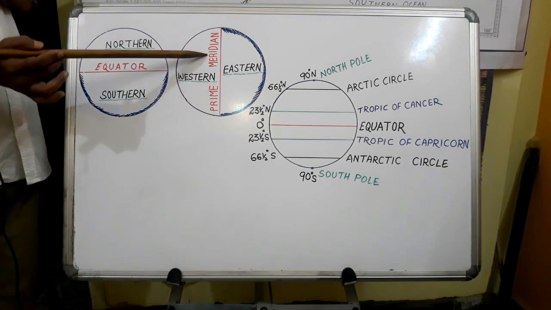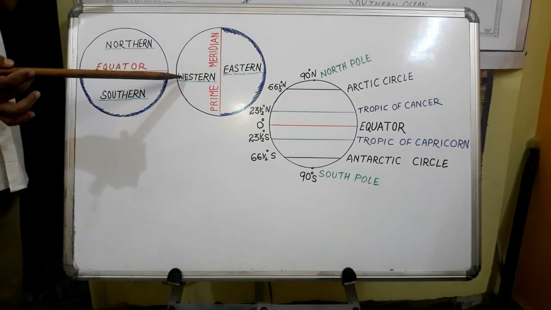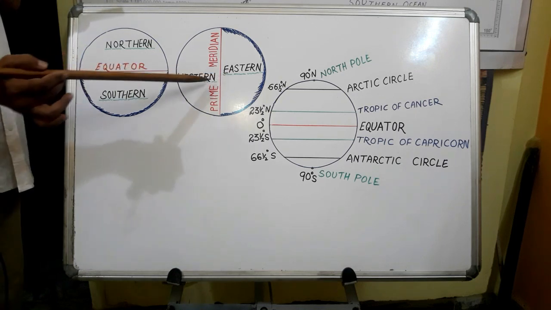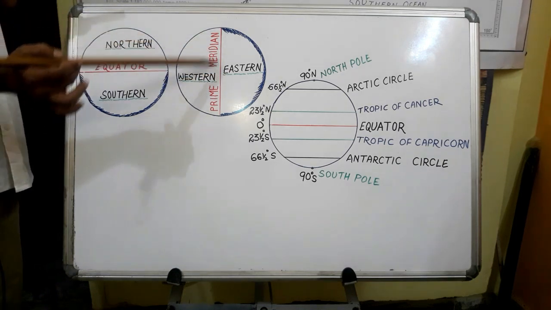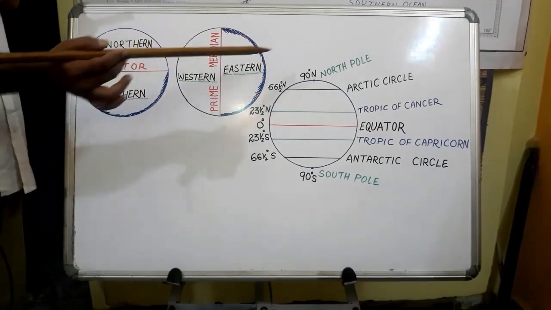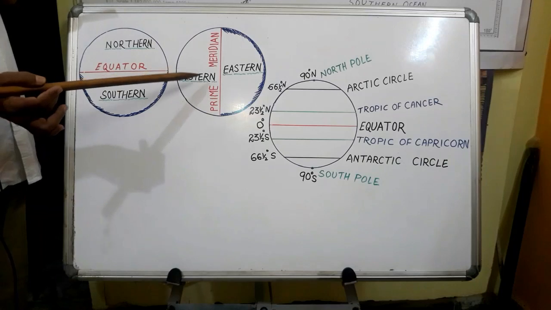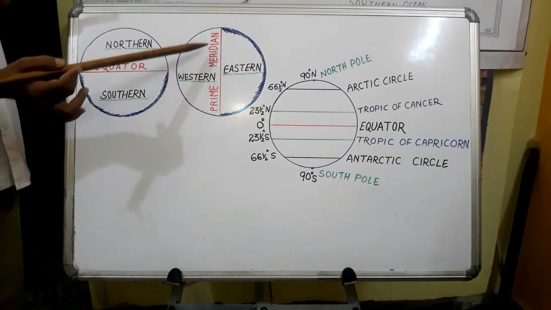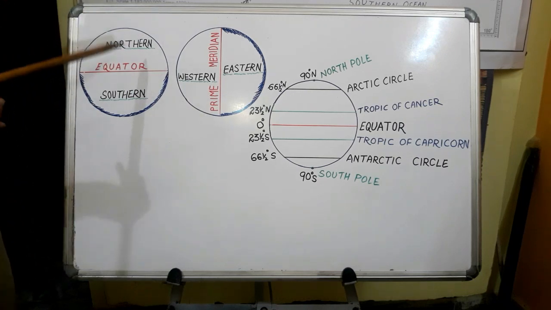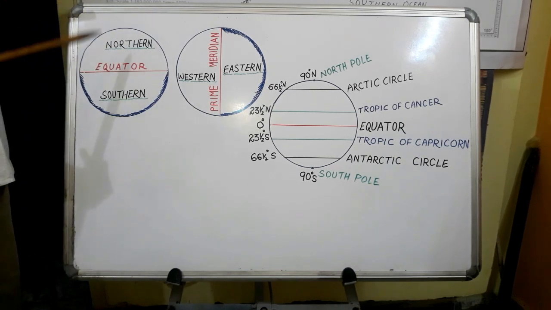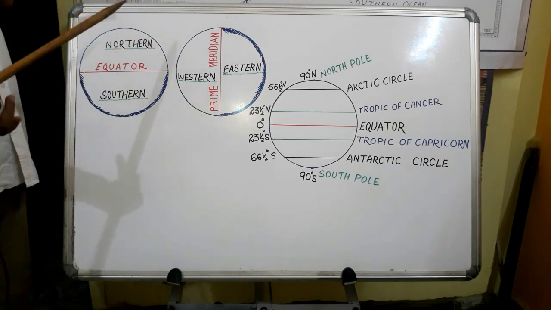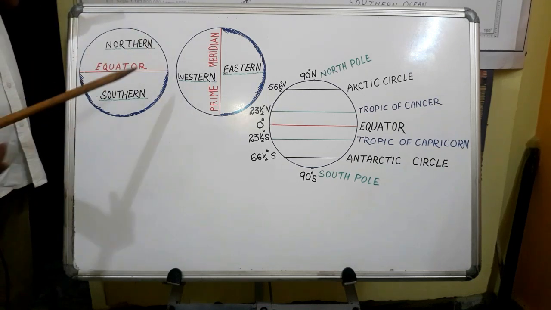This prime meridian also divides our earth into two equal halves, but since this is a vertical division, towards our right we have the eastern half, that is the eastern hemisphere, and towards our left is the western hemisphere. So in this way, what is the need or the use? Certainly when we go through the map, it will help you.